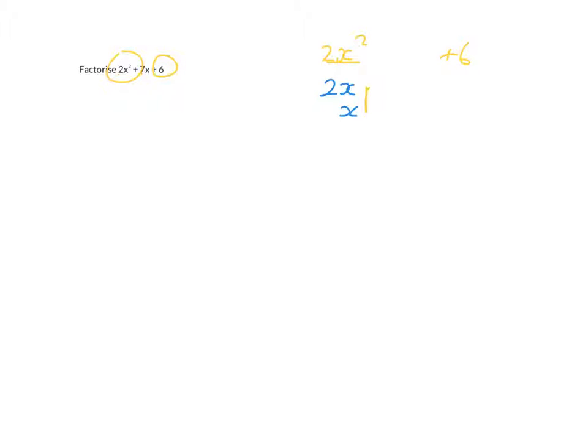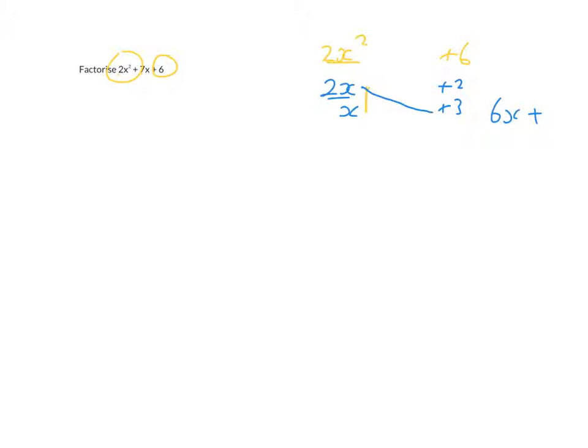What are 2 factors that we could have of plus 6? I'll start with 2 and 3. That'll do. So we could have positive 2 and positive 3. And I'll do this little cross multiply thing. So I get the first term here, 2x, and I multiply that by 3. So 2x times 3 will give us 6x.